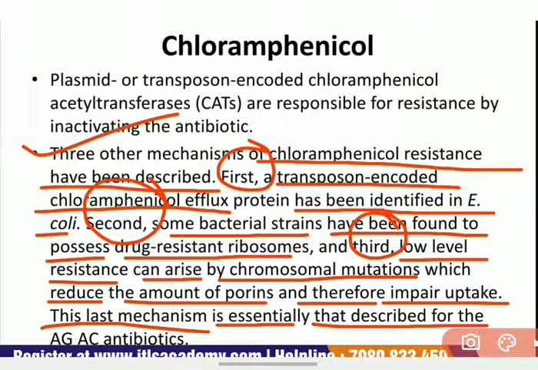These three classes of antibiotics, the macrolides, lincosamides and streptogramins, are often grouped together because of their similar mode of action. They share a common mechanism of resistance, but there are some mechanisms specific to each group.